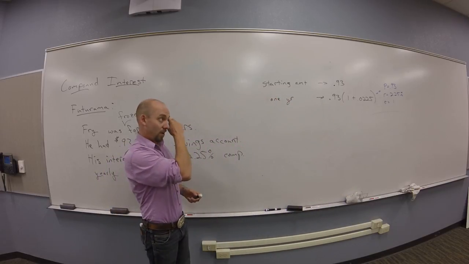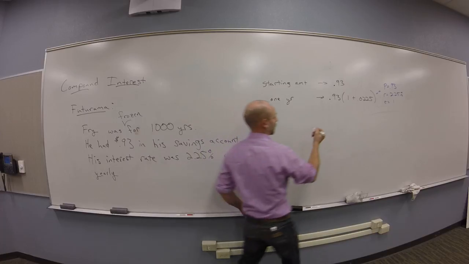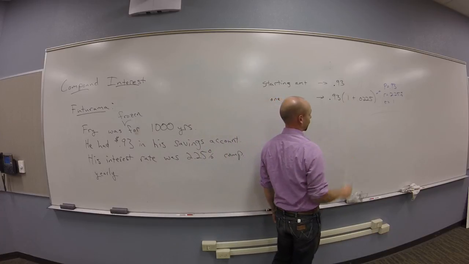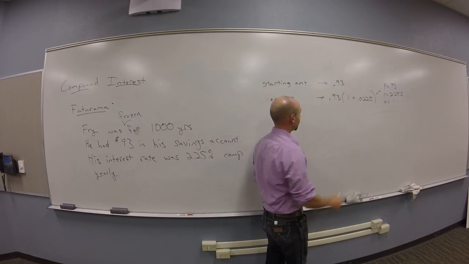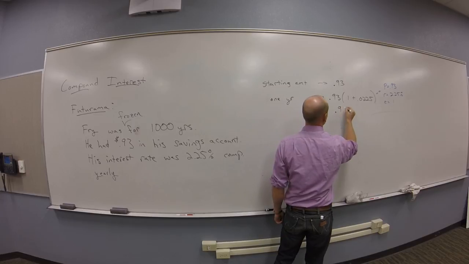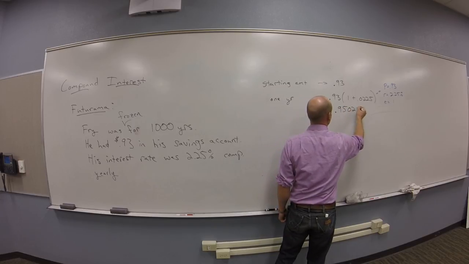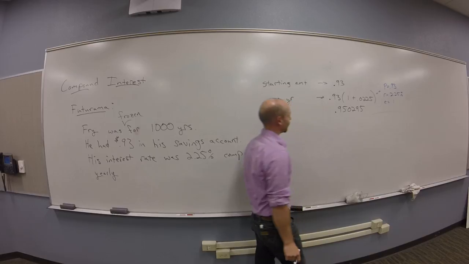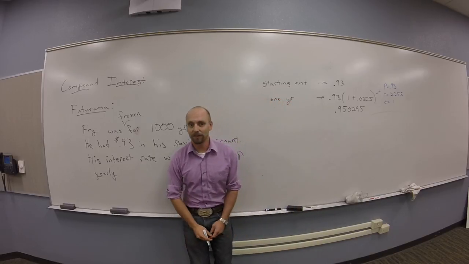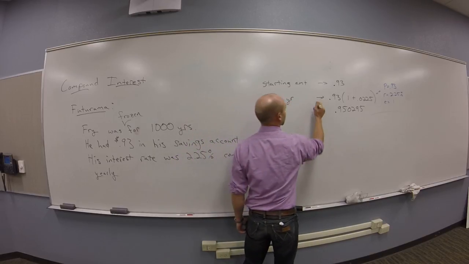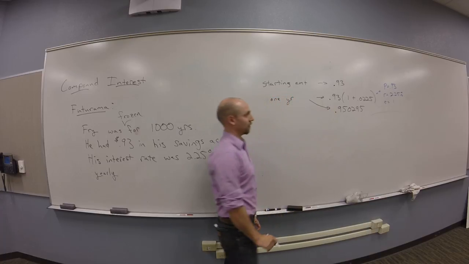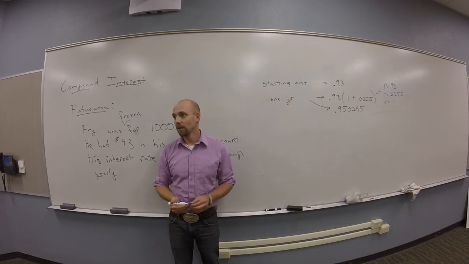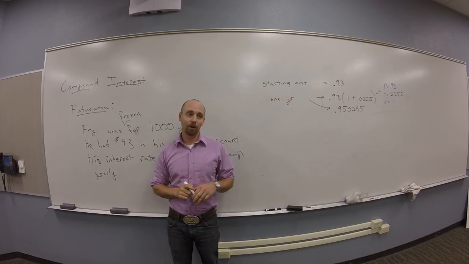Okay, so somebody tell me what that equals. 0.950925. Okay, so he's got roughly 95 cents. Now, this is the thing about compounding.